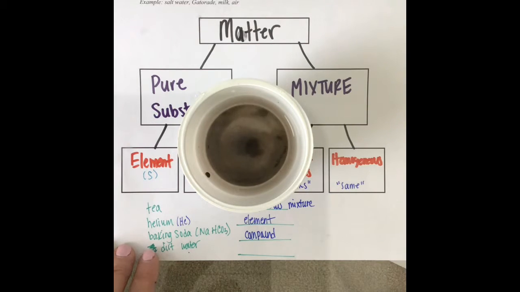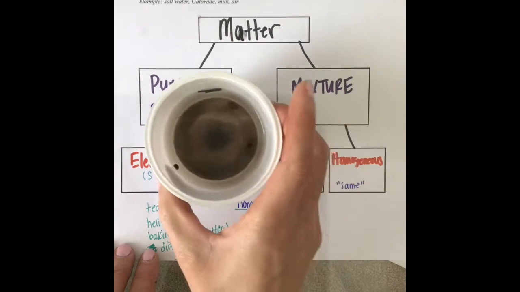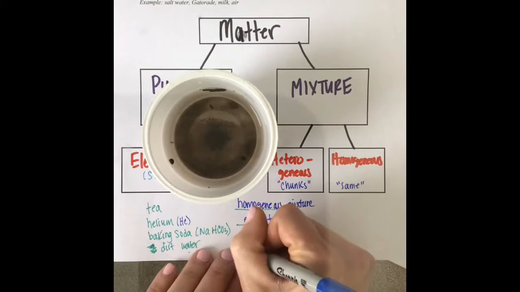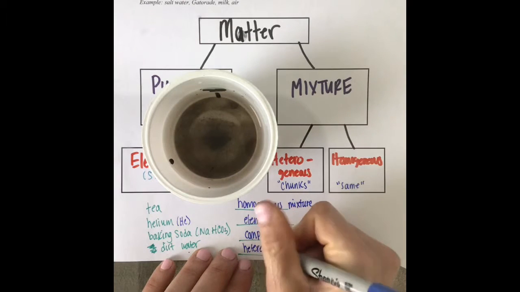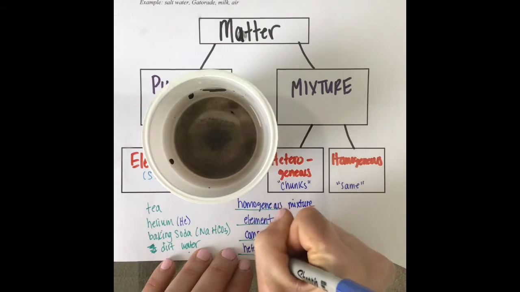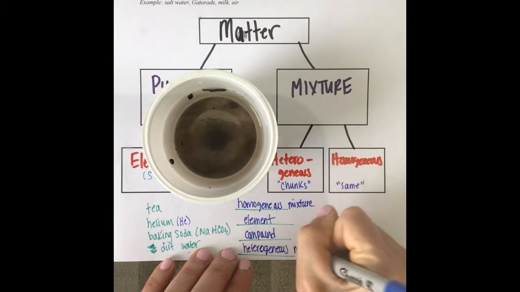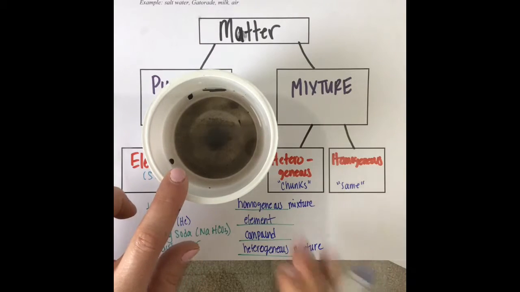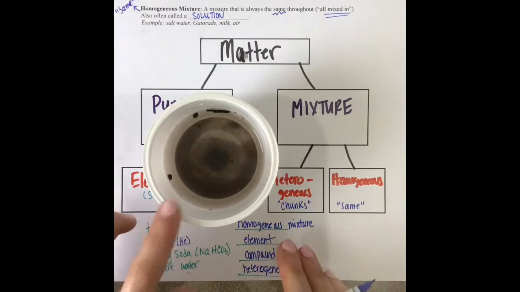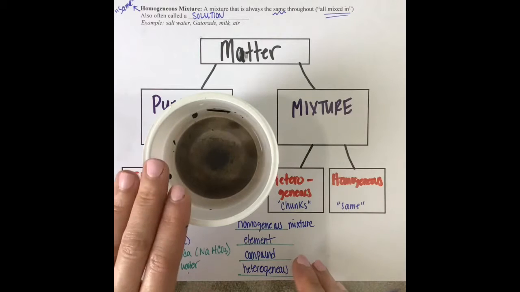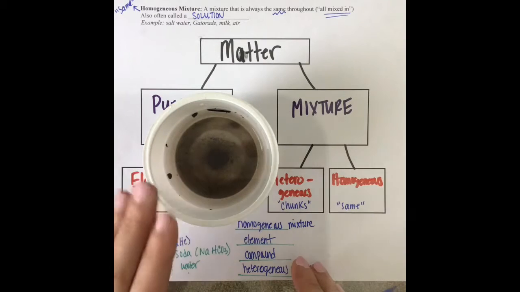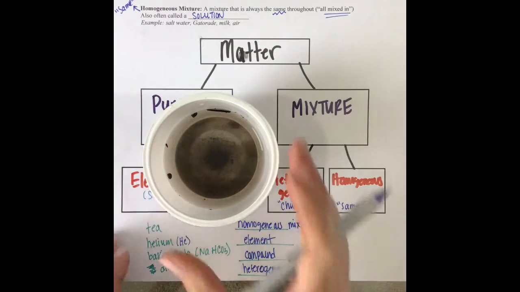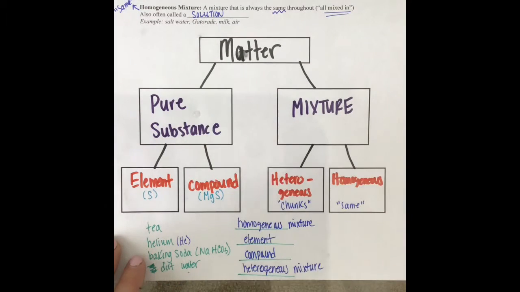We could have added more dirt, less dirt. It's a mixture with lots of chunks in it. We're going to call this a heterogeneous mixture. The thing you should also note about heterogeneous mixtures is that they're really easy to separate. I could just pour this through a filter and I would have my dirt and my water separate again. Okay, so that should help you with those.